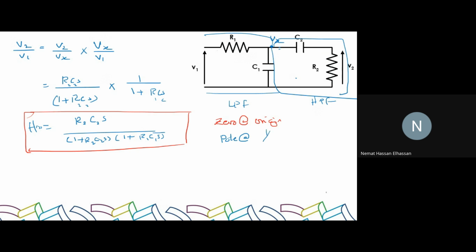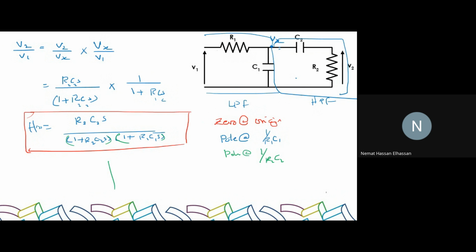So a pole at 1 over R1C1. Any other poles we have? We have two poles. So either the first term is 0 or the second term is 0. So the second term would be a pole at 1 over R2C2, right?